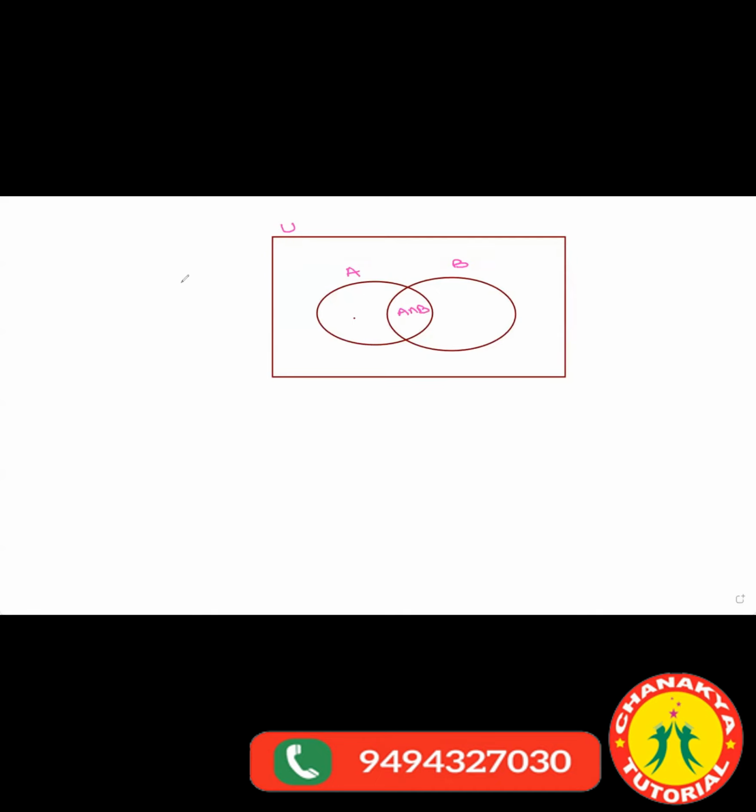We know this thing. So if I'm talking about A union B, see from the Venn diagram, A union B means this whole. Let me shade this with a light color. This whole is A union B. Is it clear? Yes, ma'am.